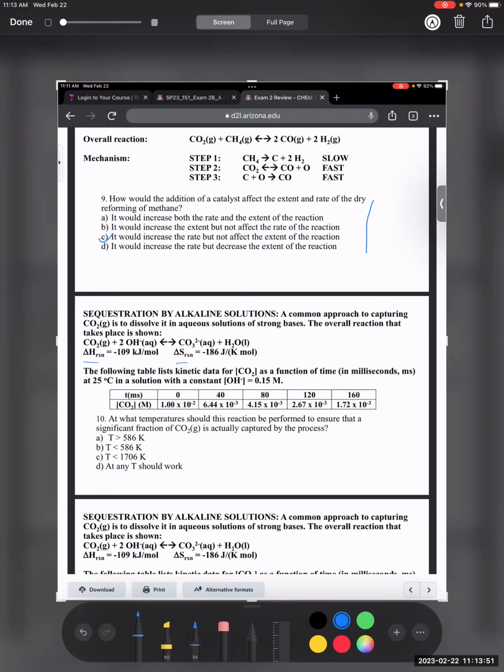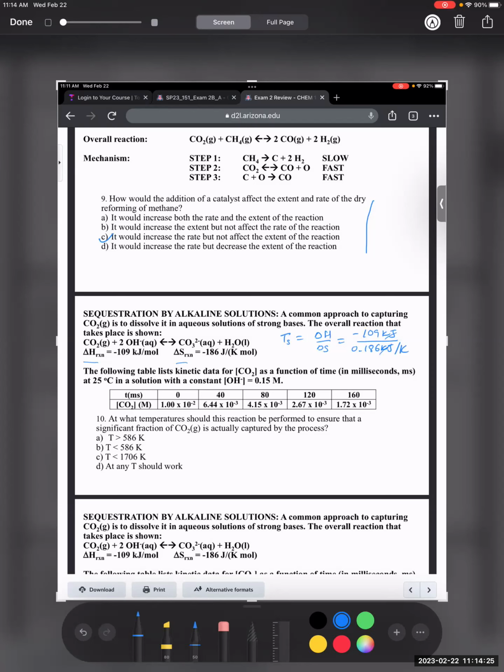To do that, we can use this equation. The switching temperature is equal to delta H over delta S. And then that is going to be minus 109 kilojoules divided by 0.186 kilojoules per Kelvin. So kilojoules cancel out.